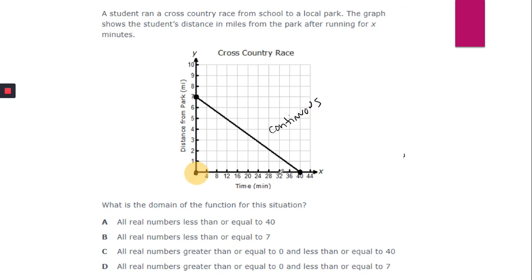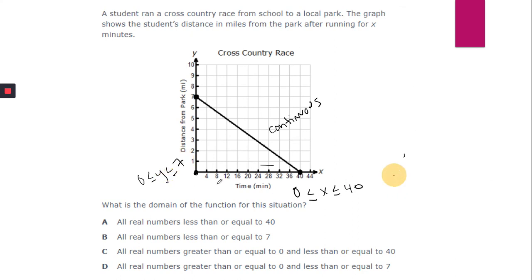So for the domain, if I was to write this out, my lowest domain value is 0, and my highest domain value is 40. So 0 is less than or equal to X is less than or equal to 40. If I was doing the range, 0 is my lowest Y value, and 7 is my highest Y value. So 0 is less than or equal to Y is less than or equal to 7.